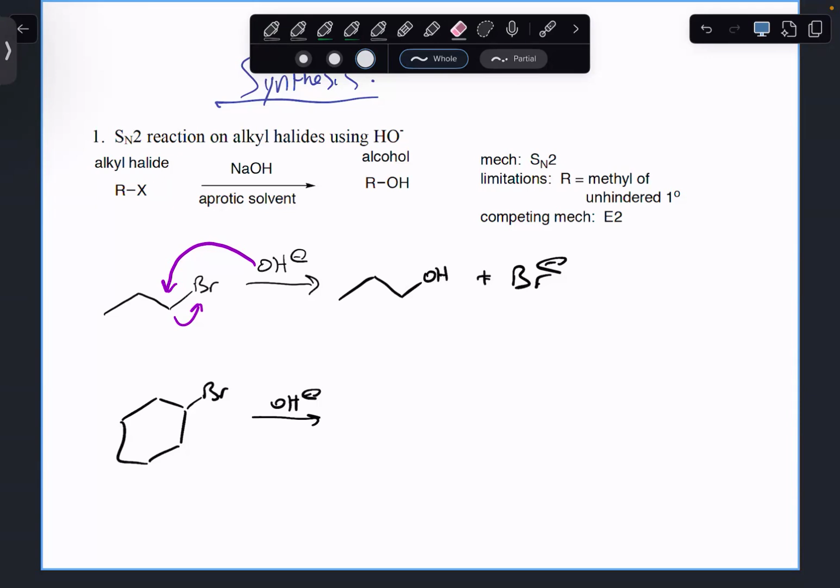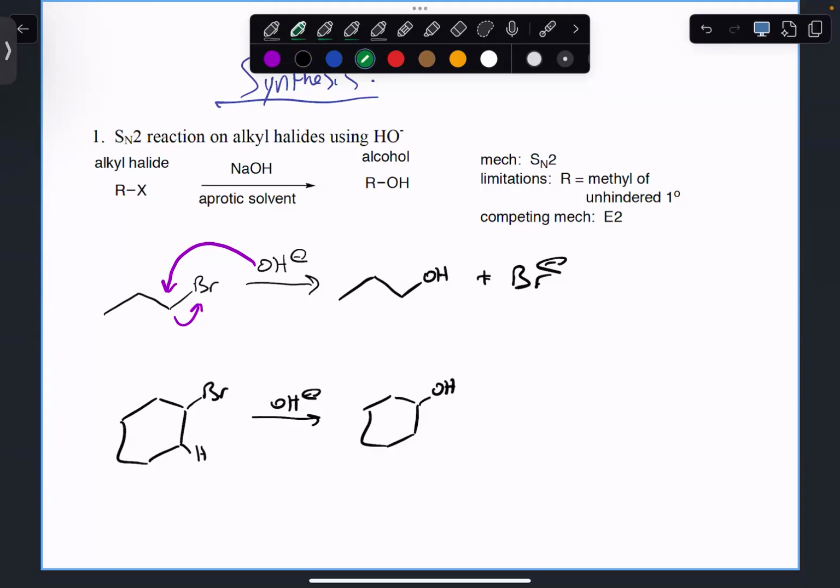Yeah, the problem here is that you would make some of the desired alcohol, some of the SN2, but with secondary halides, you're going to run into some pretty stiff competition with the E2 mechanism, right? Because remember, again, hydroxide is both strong nucleophile and strong base.